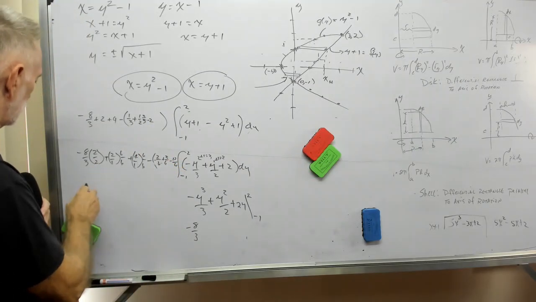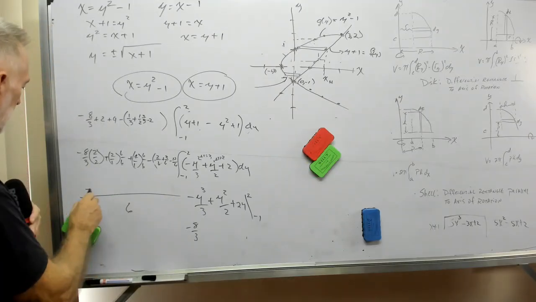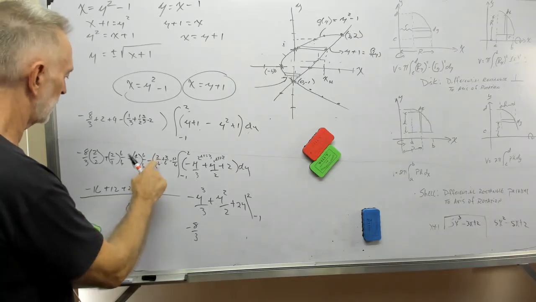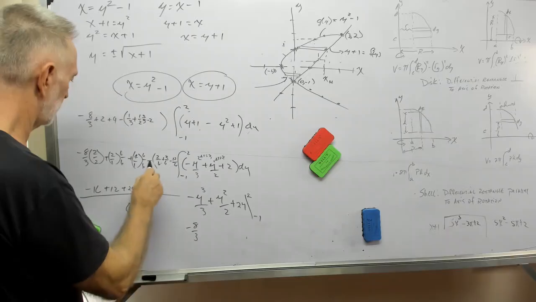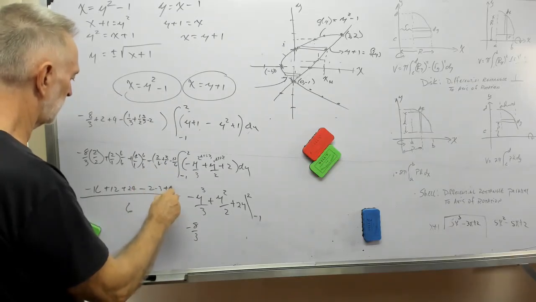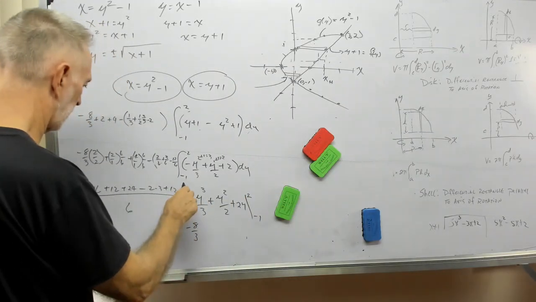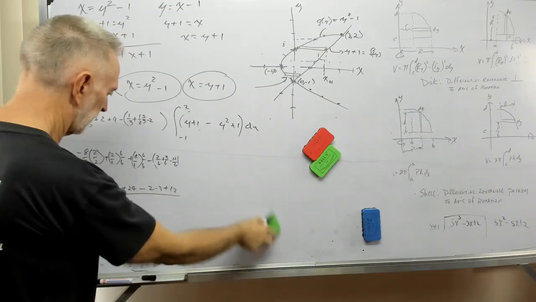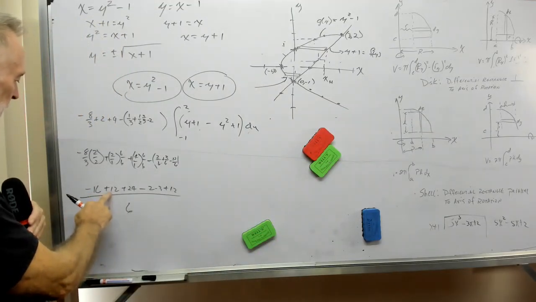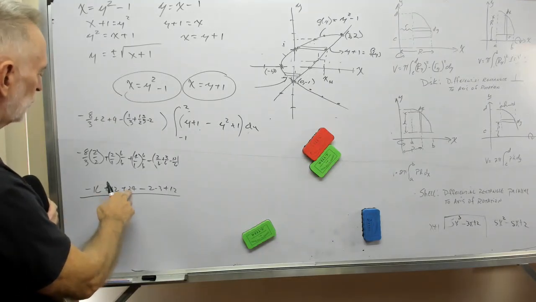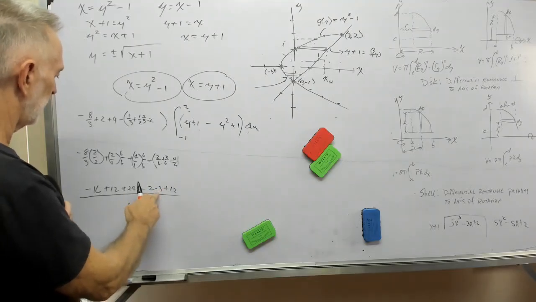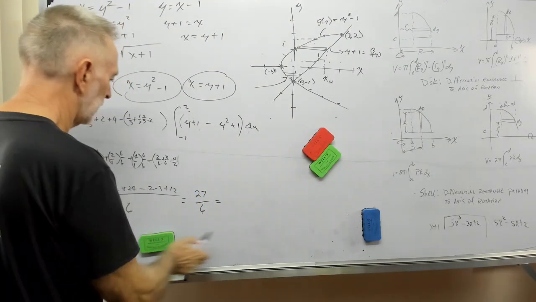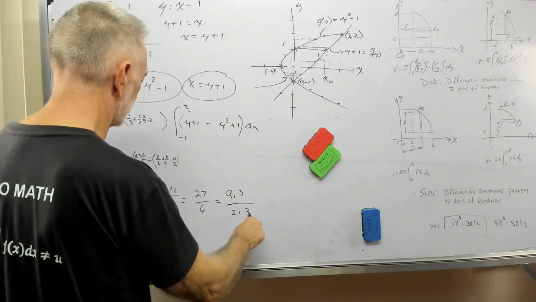All of this is going to be over 6. -16 plus 12 plus 24 minus 2 minus 3, negatives positive, plus 12. -16 plus 12 is -4. -4 plus 24 is 20. 20 minus 2 minus 3 is 15. 15 plus 12 is 27. 27 over 6, so that's 9 times 3 over 2 times 3.